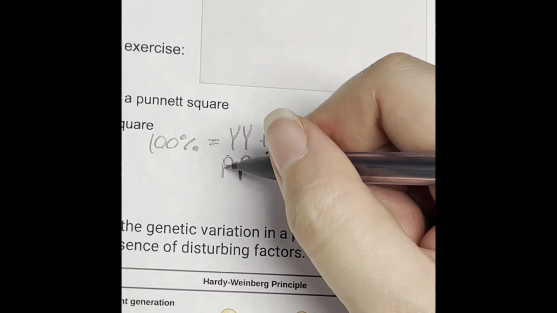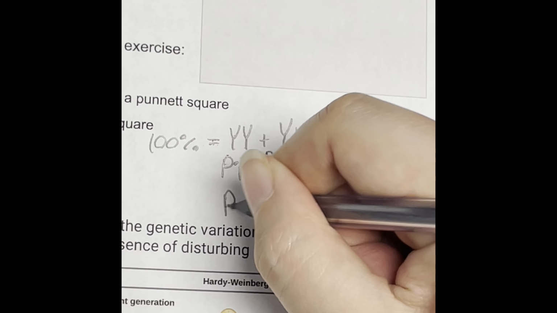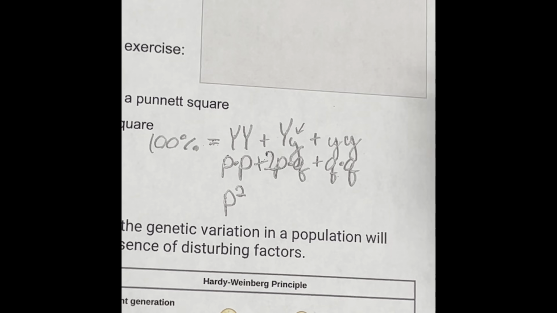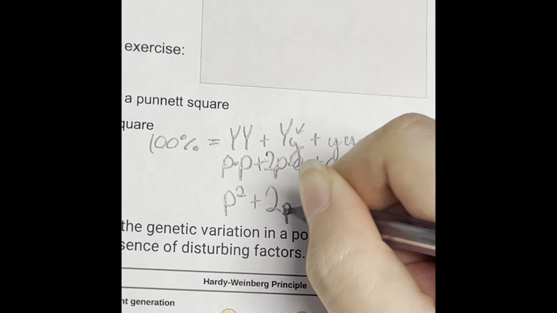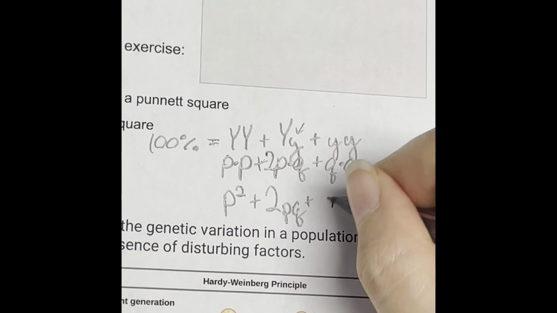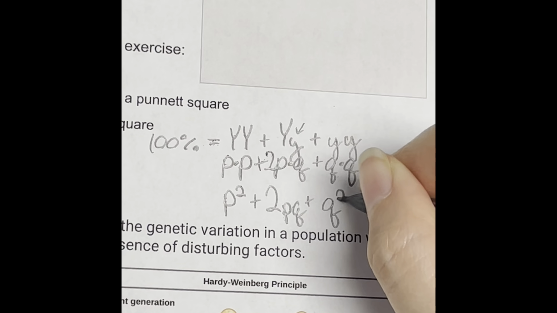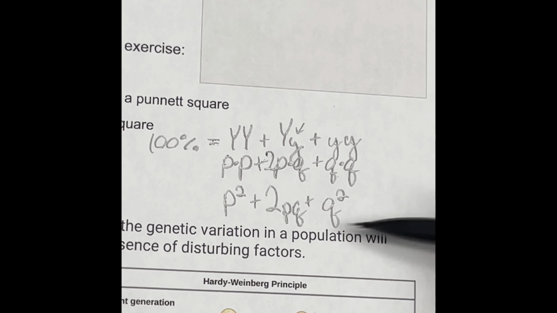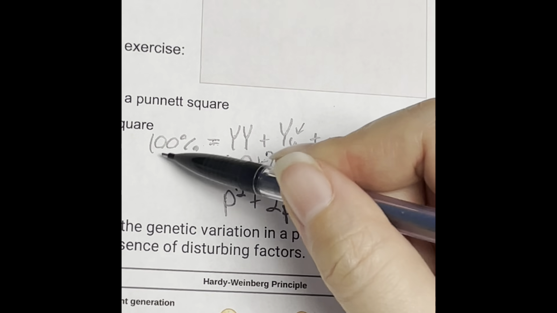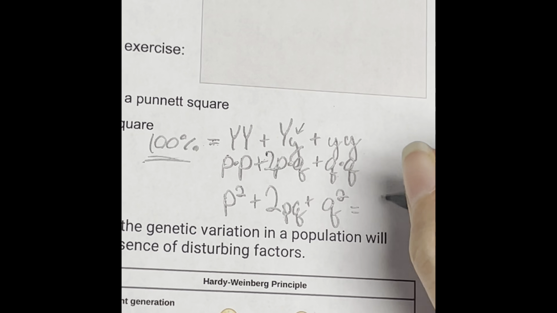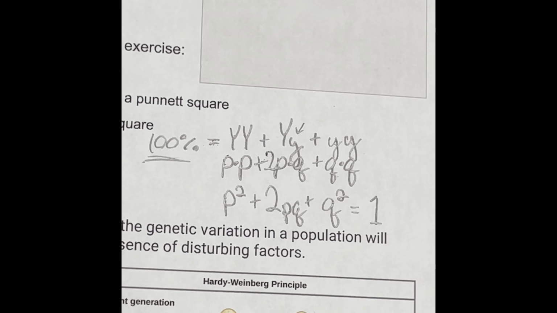To simplify this, P times P is the same as P squared. We're just going to add the 2PQ. Then we're going to add the Q times Q, which is Q squared. And if I were to write 100% of the population as a proportion, we could just say 1, because 1 is the same as saying 100%.